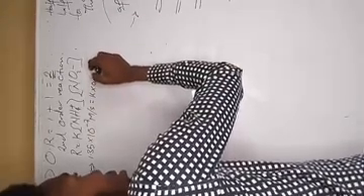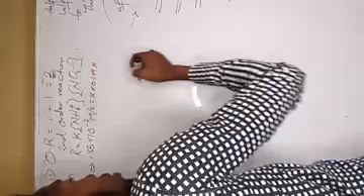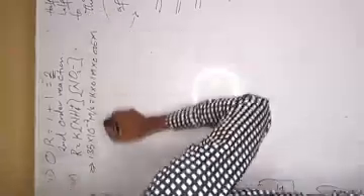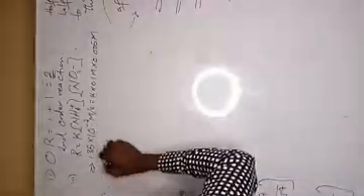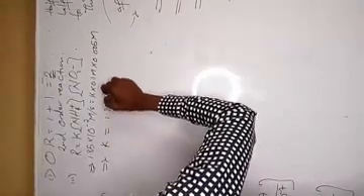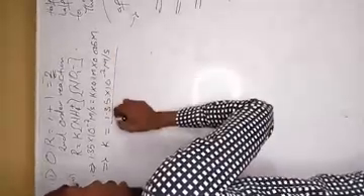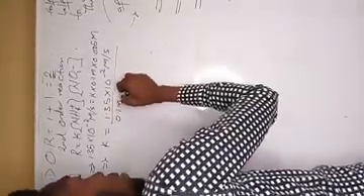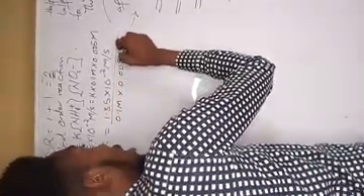Equal to K times this concentration, which is 0.1 molarity, times this one, which is also a concentration, 0.05 molarity. So to find K, we divide both sides by all this: 1.35 times 10 to the power minus 7 molarity per second divided by 0.1 molarity times 0.05 molarity.